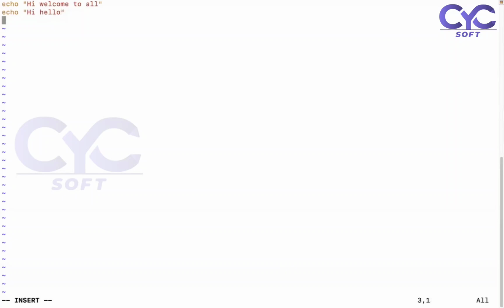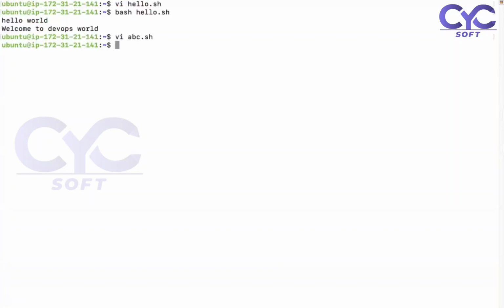Press escape, :wq, enter. Now I run bash abc.sh. See here, hi, welcome to all, hi, hello. This is how we can execute the code.